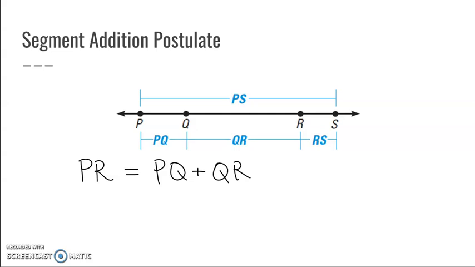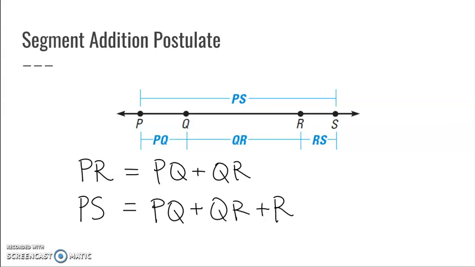I could also add more than two segments together. So if I wanted to find the length of PS, I would take the length of PQ plus the length of QR plus the length of RS. So here's just a few more examples illustrating this postulate.